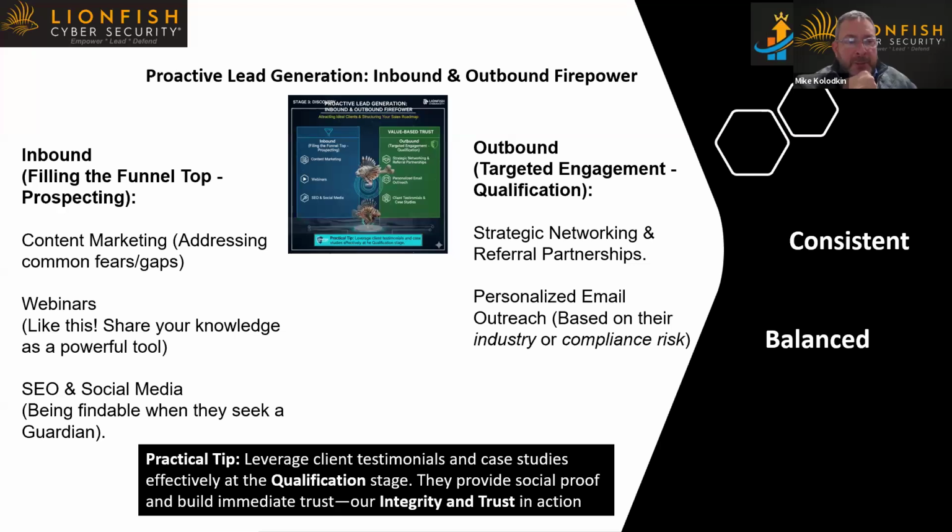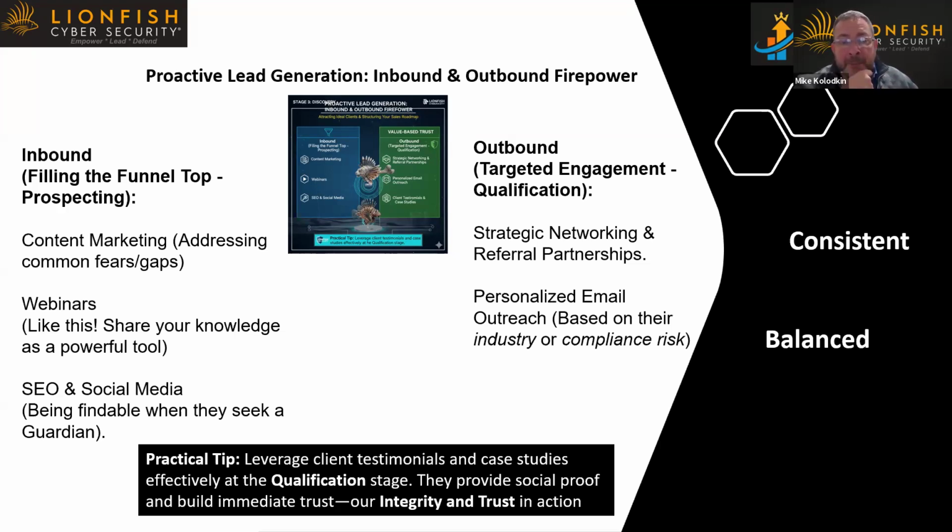Either you're doing some sort of content marketing and addressing fears, gaps, and industry changes, or maybe, like what we're doing here today, you're offering informational webinars, sharing knowledge and earning credibility, as we're trying to do with you. And also you're optimizing search engine and social media to be more findable when someone is looking for a solution or has a question.